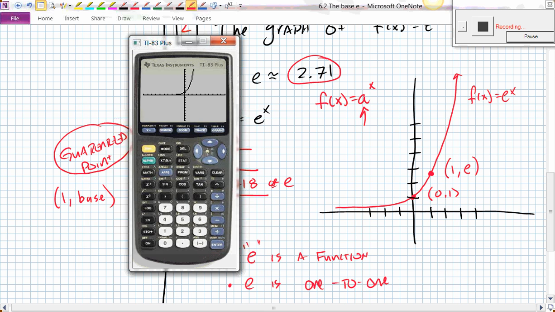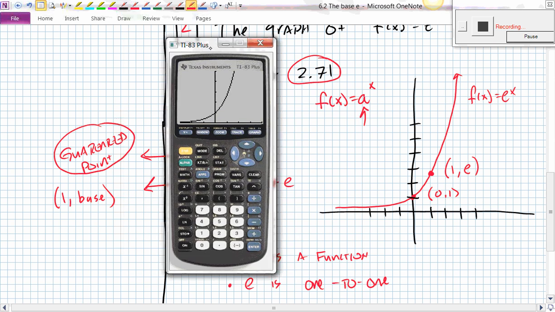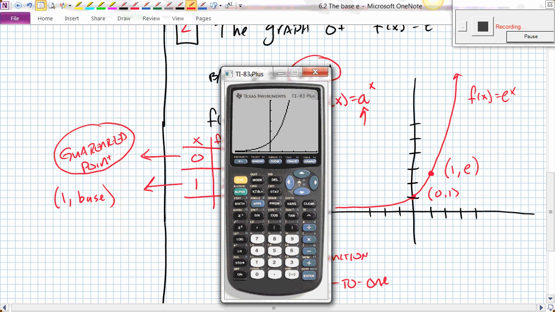So if I was going to change my window to make it match my graph, I would probably go -3 in the x direction, to 4 in the x direction, scale 1. Probably 0 to about 5 in y. So if I hit graph, there we go. That graph looks pretty much just like my graph right there. And then all the same rules apply for transformations, and use the handout for that one.